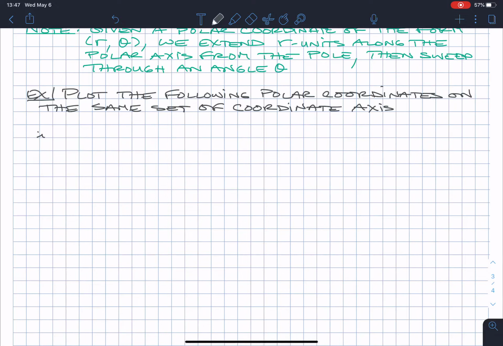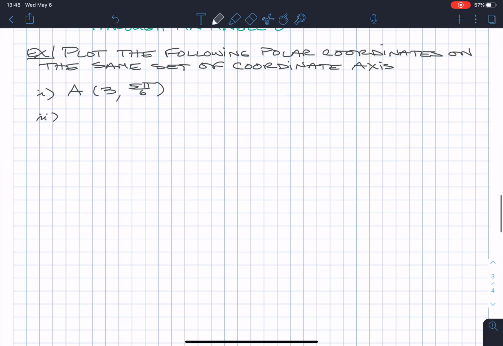Okay, so number 1, let's have point A at 3 comma 5 pi over 6. Number 2, we'll have point B at 2 comma 5 pi over 4. Number 3, we'll have point C at 1 comma pi over 3.